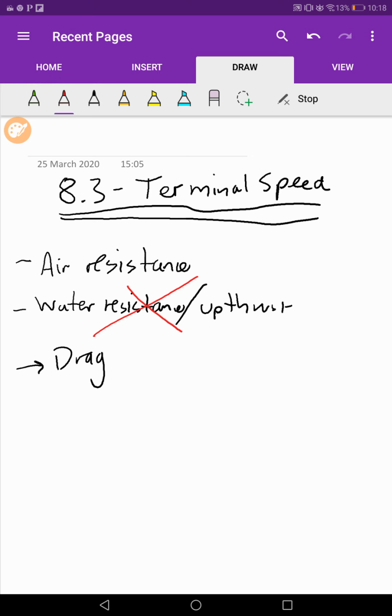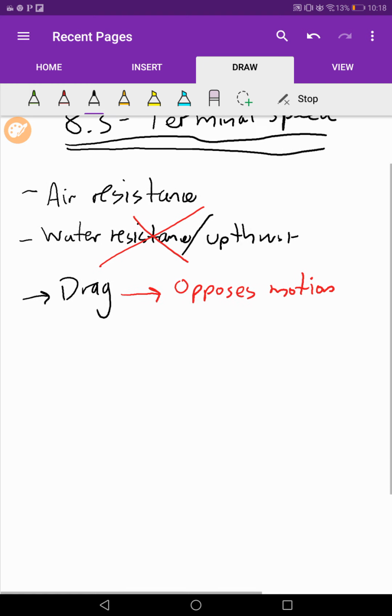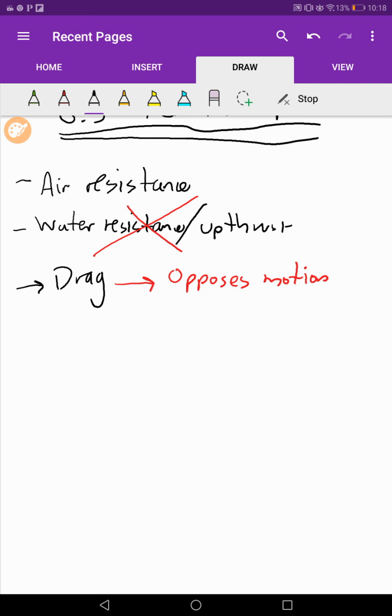And what you need to know about drag is that it opposes motion. So your drag opposes motion.